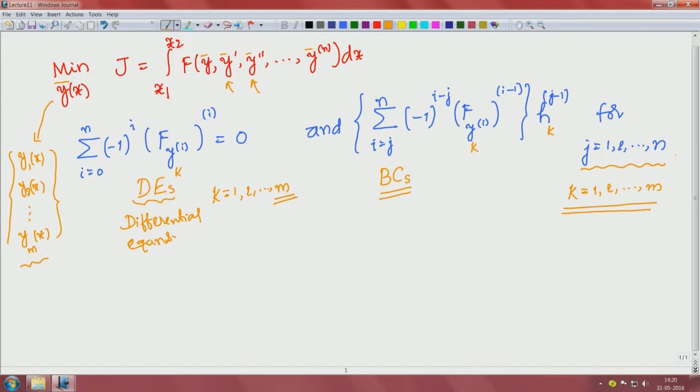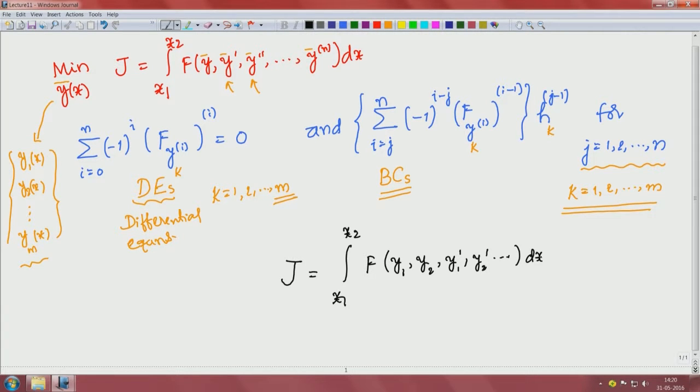Okay. So, this is what we were discussing, and what we tried to consider was a functional where the integrand was supposed to contain two functions y1, y2 and then y1 prime, y2 prime and so forth, any number of derivatives, dx.